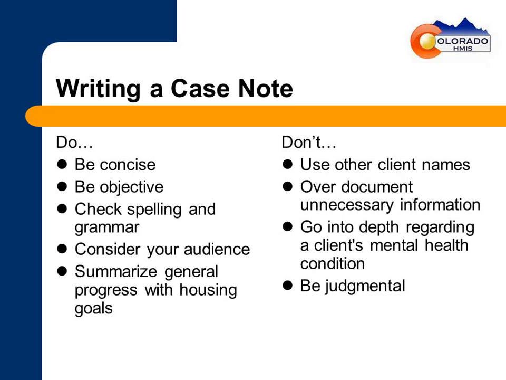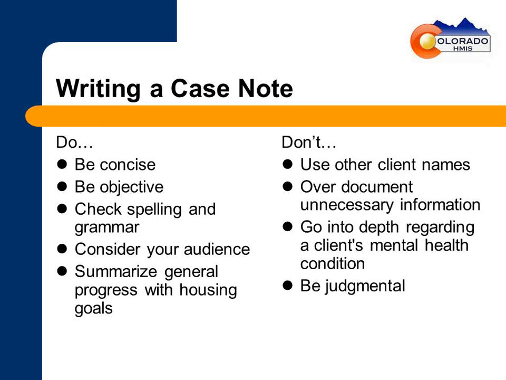So document appropriately for the audience. And summarize general progress with housing goals. I would also say, any kind of personal goals and any other types of goals that you are working on or that you've set with a client, make sure that you're documenting that progress.